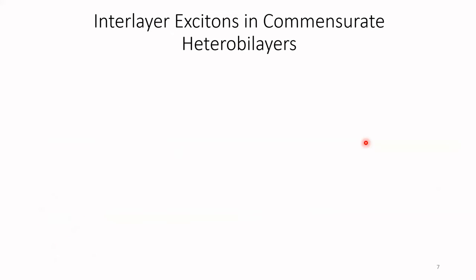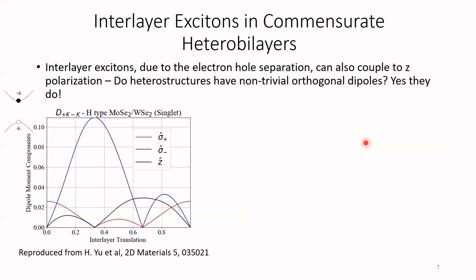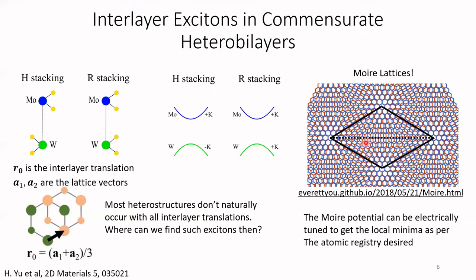Okay, so great, fine. Now we've understood interlayer excitons a little bit, but going back to the main problem with monolayer excitons: they were stuck in the S1, S3 plane, and that was a result of them being in-plane circularly polarized.